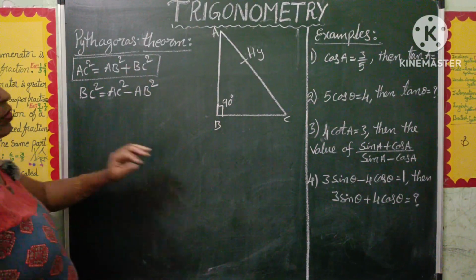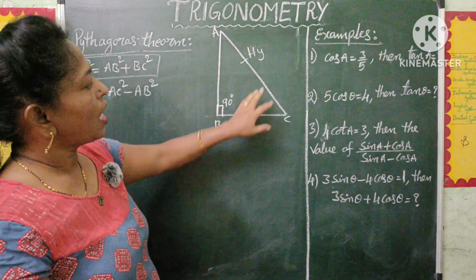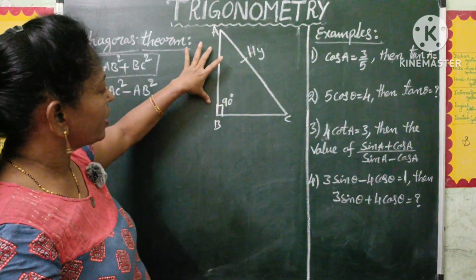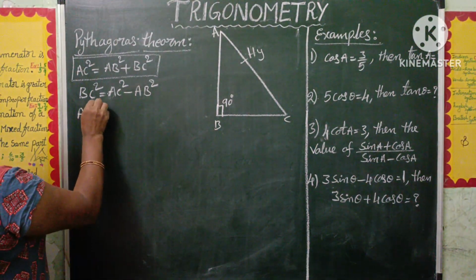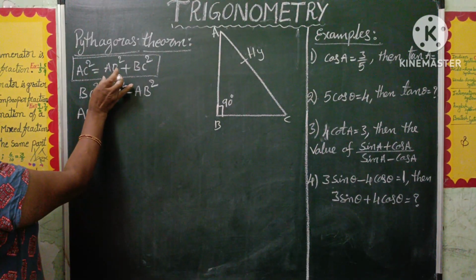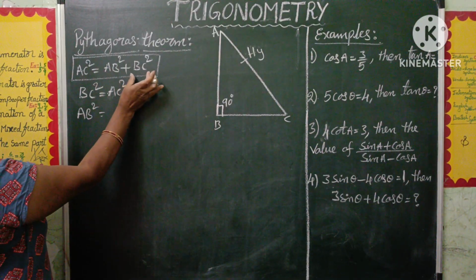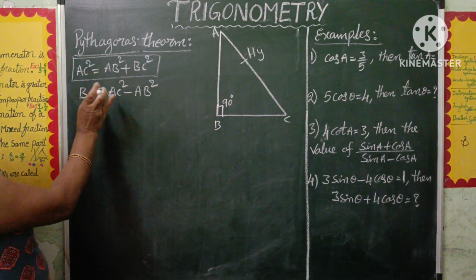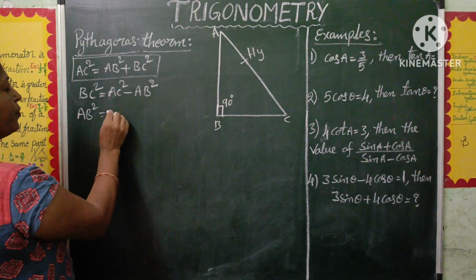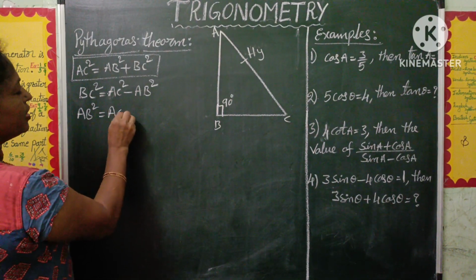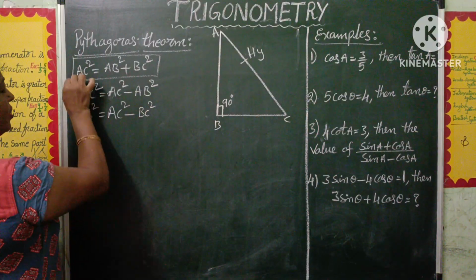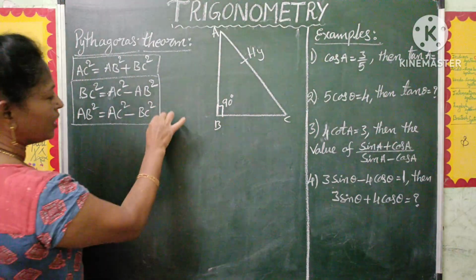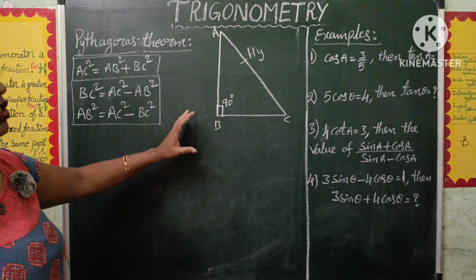If we know only BC and AC and we have to find AB, then AB square equals AC square minus BC square. These two we use in the solution part.